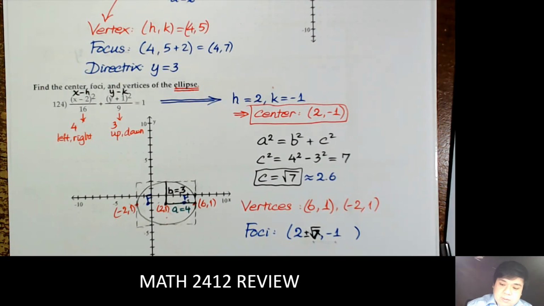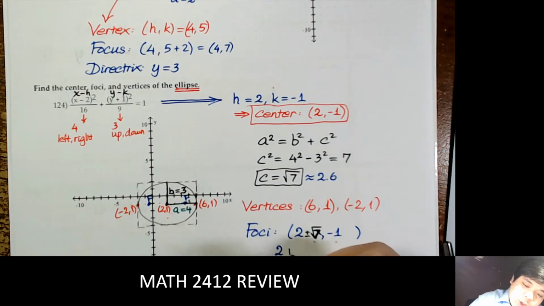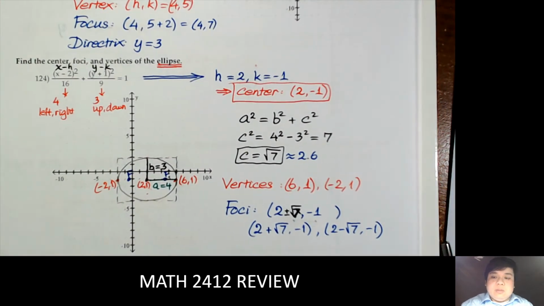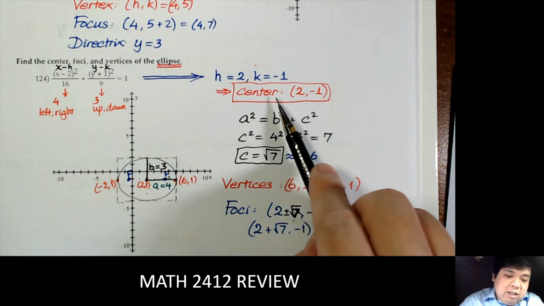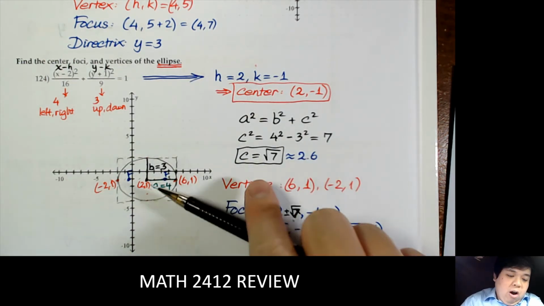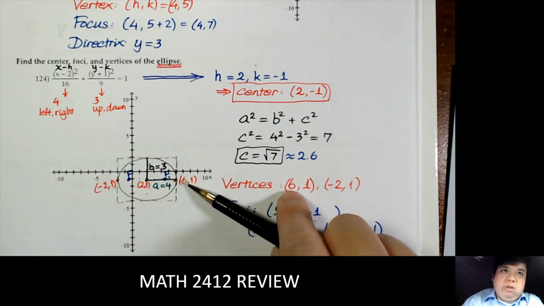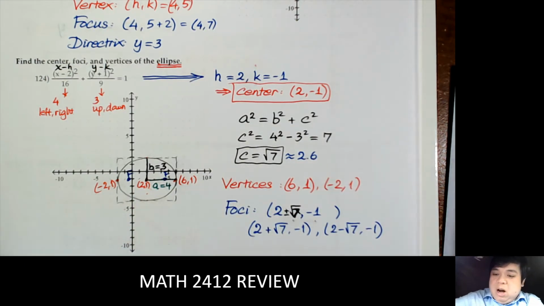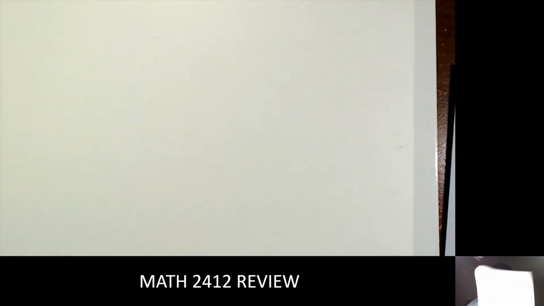Anyway, if we want to write that out, 2 plus square root of 7, negative 1, and 2 minus square root of 7, negative 1. So we start from the center for the ellipse, and then the longest distance from the center is to the vertex, and then the focus is just the Pythagorean theorem.